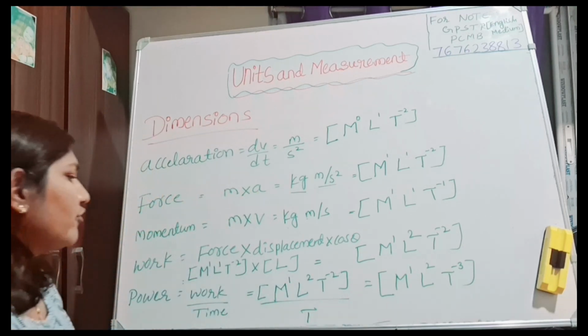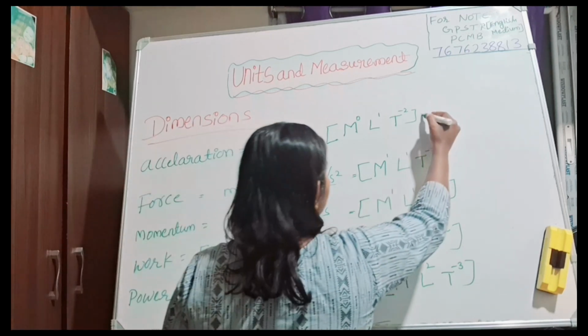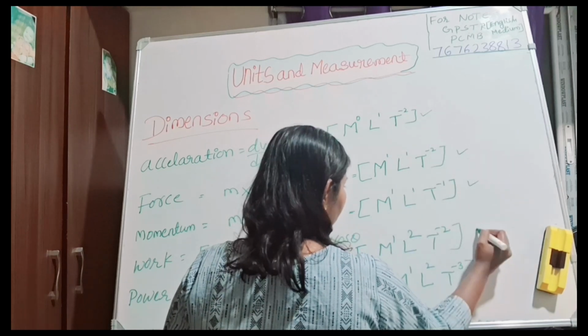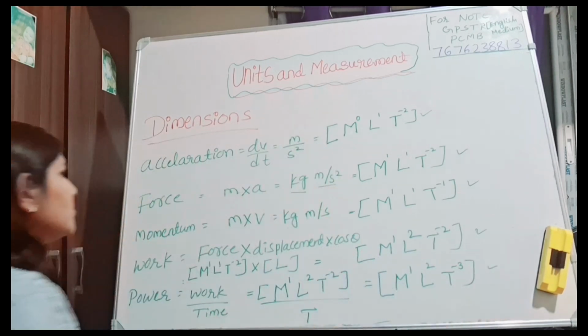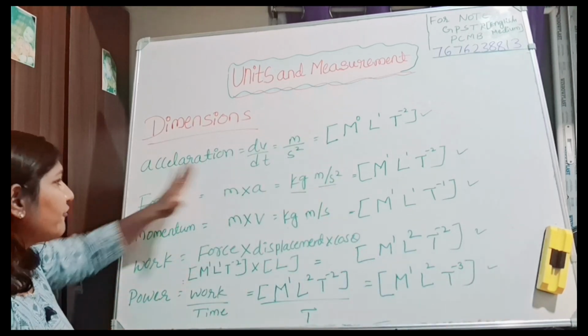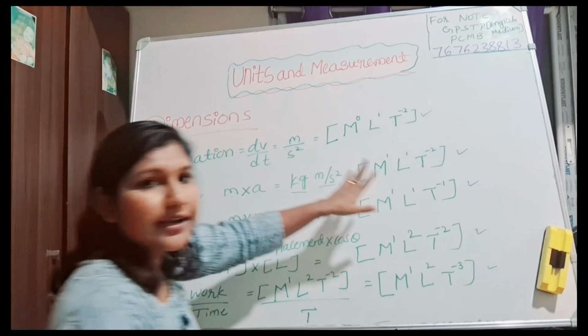This is the dimension for power. You should remember the dimensions for all these quantities. First thing you have to remember is the formula. Then you can easily write the dimension for those physical quantities.